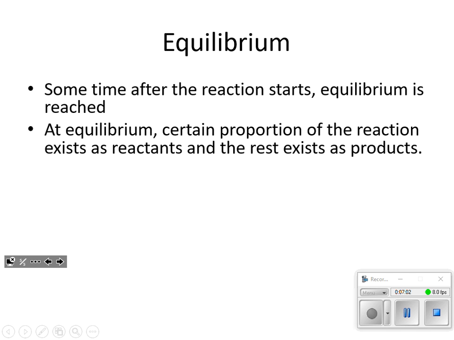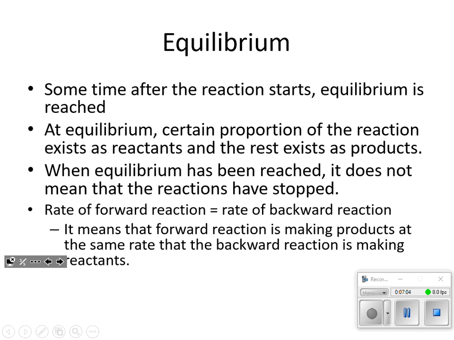The third bullet point on this slide: when you reach equilibrium, that does not mean that things have stopped reacting. What it means, as my fourth bullet point says, is the rate of the forward reaction balances with the rate of the backward reaction.